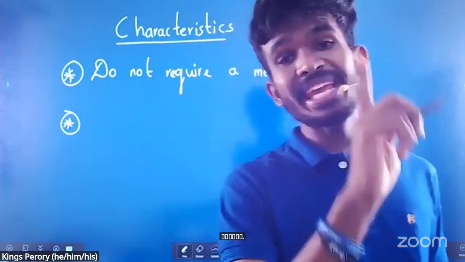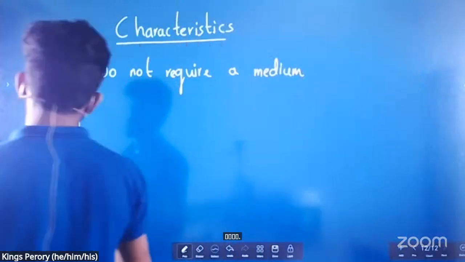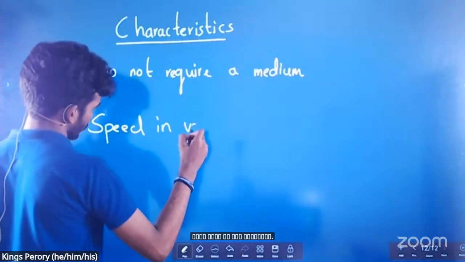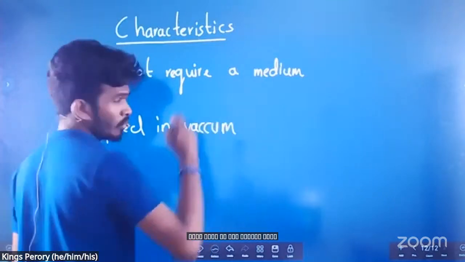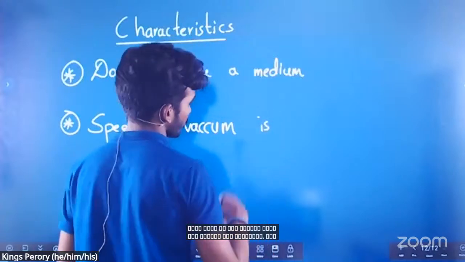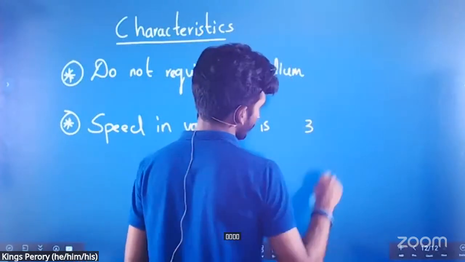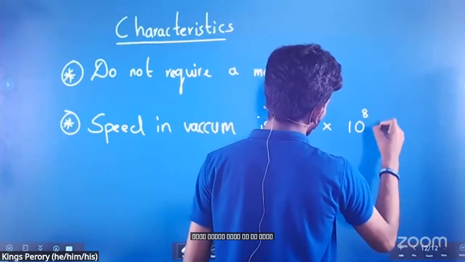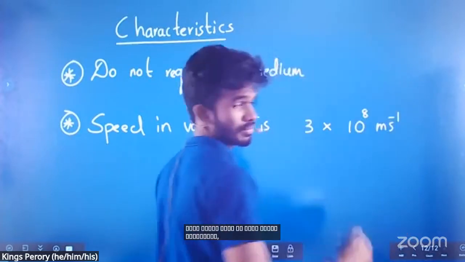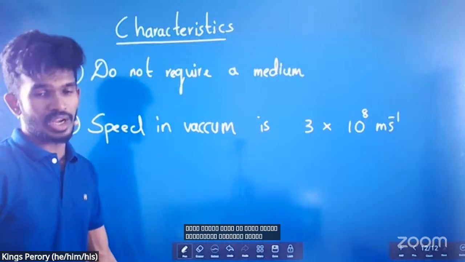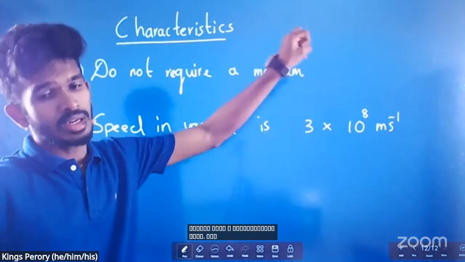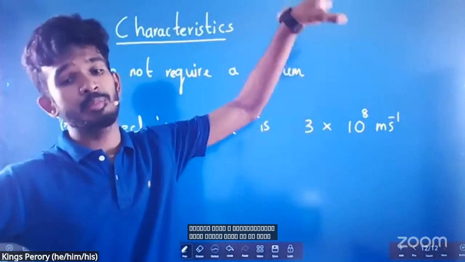Their speed in vacuum is 3 into 10 to the power 8 meters per second. What is the speed of electromagnetic wave in vacuum? 3 into 10 to the power 8 meters per second.